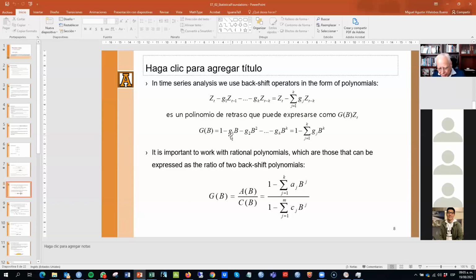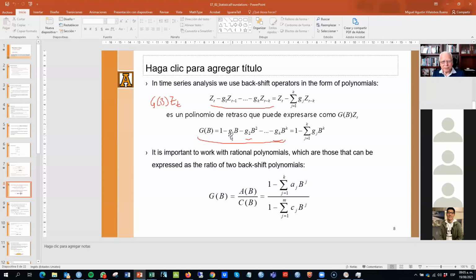So notice when I apply G of B, instead of writing this whole thing, I will just write G of B, apply to Z_t, okay? And then if I apply this polynomial to Z_t, this is what I get: Z_t minus G1 Z_{t-1} minus G2 Z_{t-2} up to minus GK Z_{t-K}.